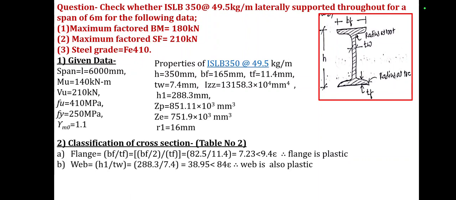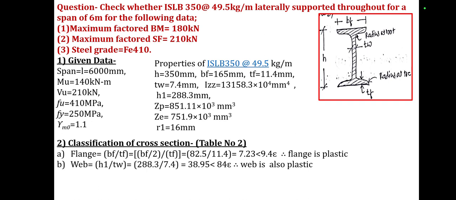Then our second step is to classify the cross section. According to table number 2 of IS 800 2007, we have to classify the section. Flange criteria, Bf upon Tf. Here Bf is equal to Bf by 2 upon Tf.